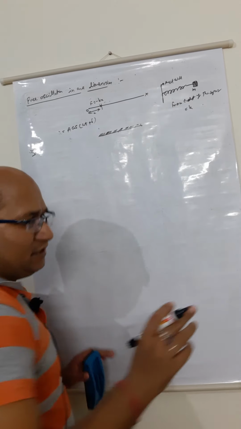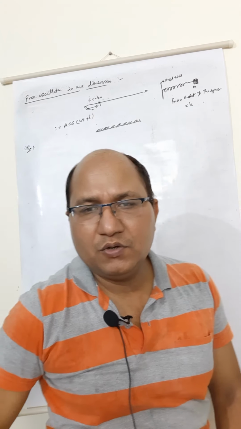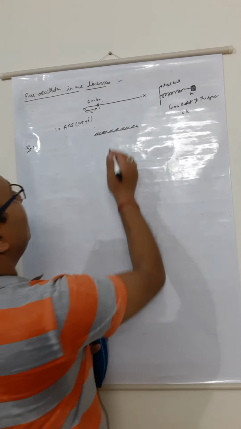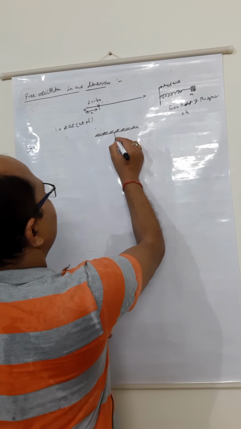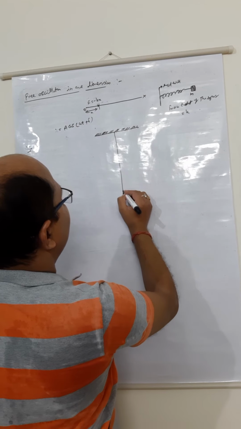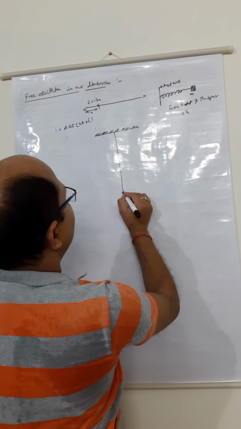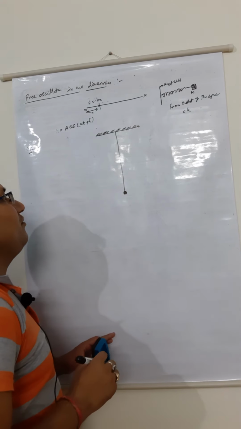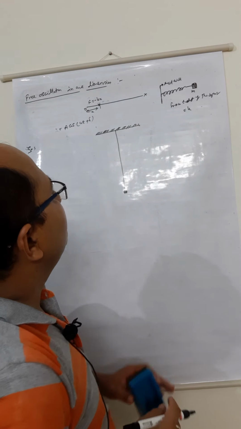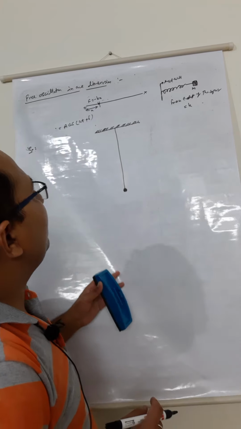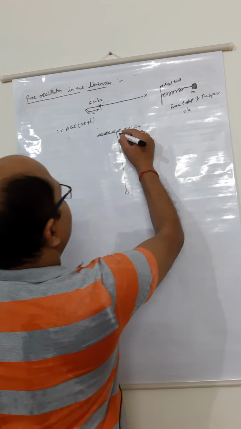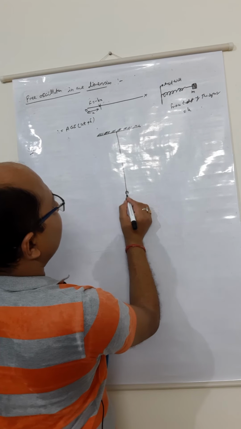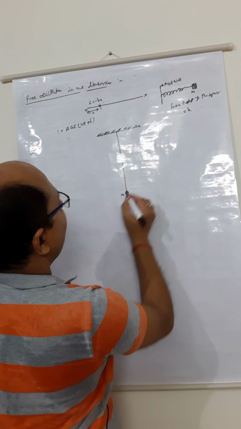I am sure that each one of you knows about a pendulum, in which a simple pendulum is nothing but a rigid bob hanging through a string from a wall, and its mass is m.